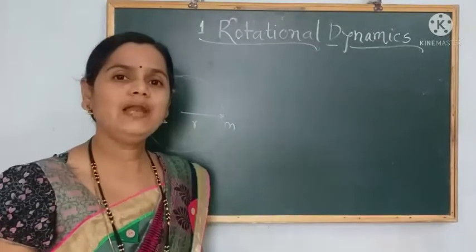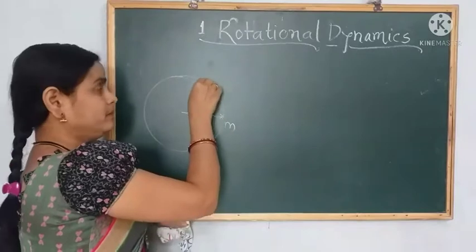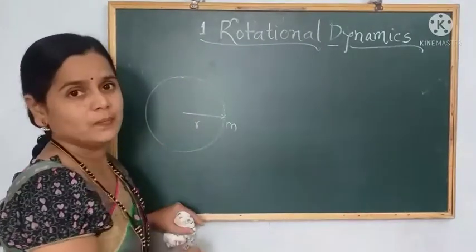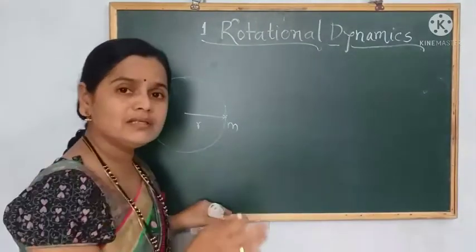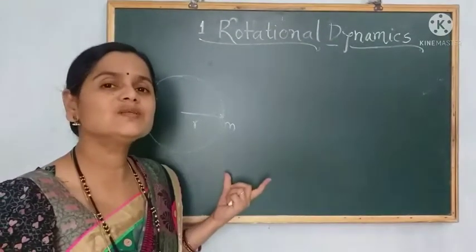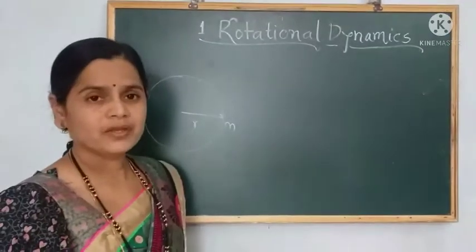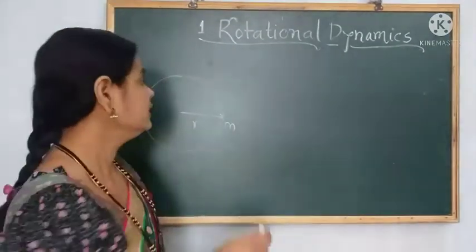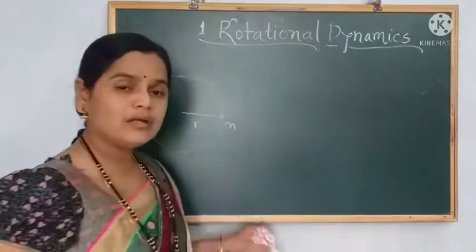Then at every instant of time during the motion, a force acts on the particle which produces the acceleration. Previously we have seen that the centripetal acceleration is responsible for keeping the particle in a circular motion.